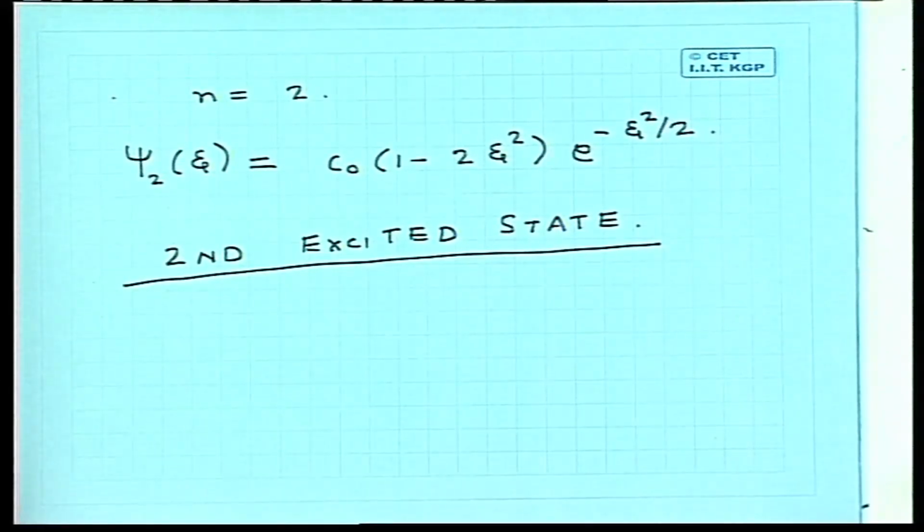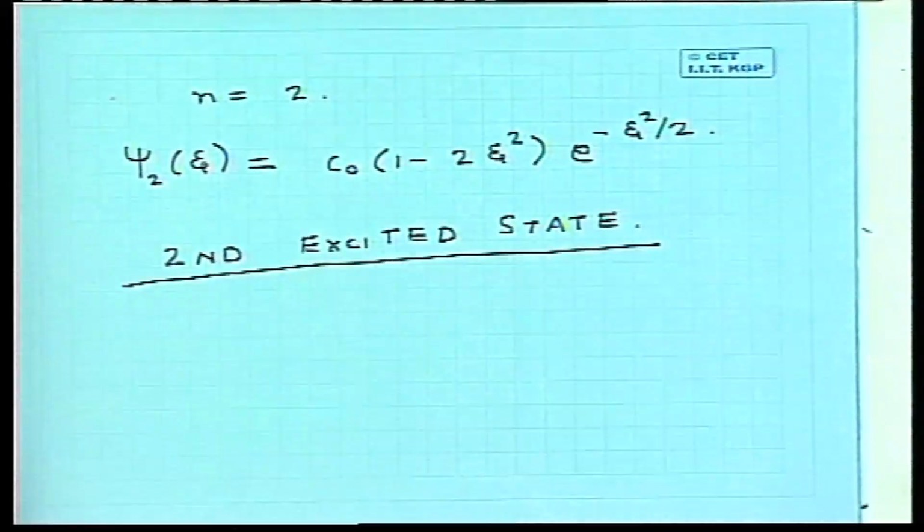This is the Gaussian function. This is the ground state. This is what the ground state of the simple harmonic oscillator looks like. It is just a plain old Gaussian with which we are familiar. Now let me also plot the first excited state, which I will show just now.